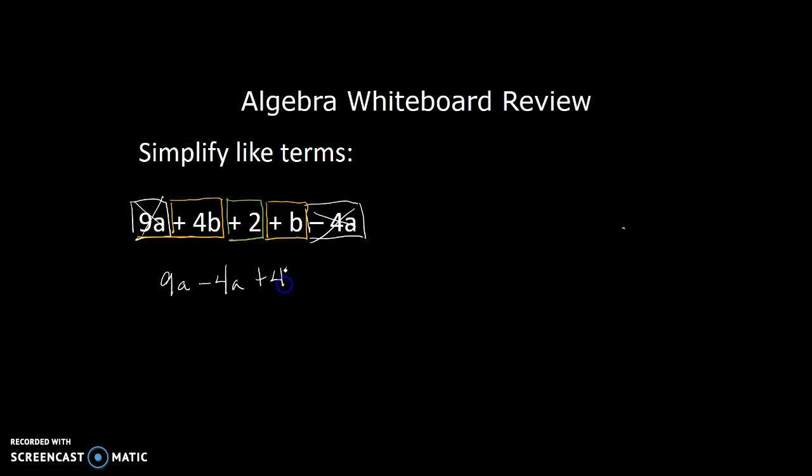So let's do plus 4b plus b. And then I've got that 2 left over, plus 2. Okay, now I can combine like terms. 9a minus 4a is 5a. Plus 4b plus b is going to be 5b plus 2. And I'm done. That's my answer. I can't combine anything else.